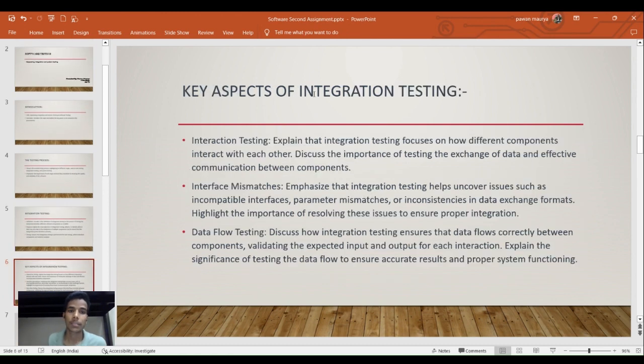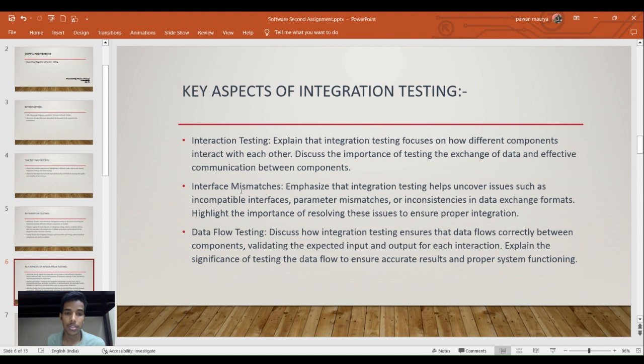Key aspects of integration testing. Component interaction: explain that integration testing focuses on how different components interact with each other. Discuss the importance of testing the exchange of data and effective communication between components.